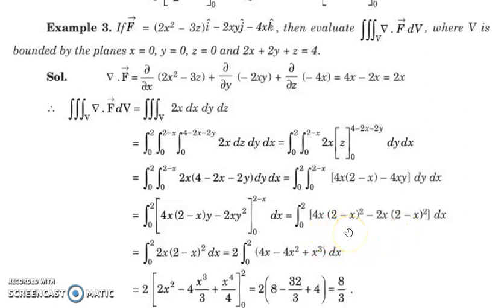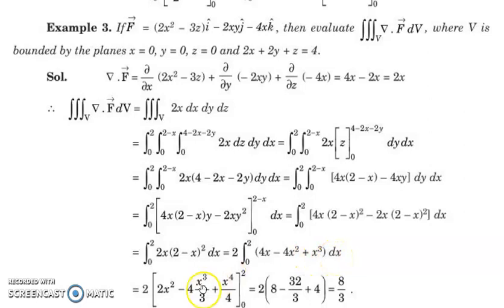You'll get 4x minus 2x, so 2x into (2 minus x) whole square. Now on expanding, you'll get 4 minus 4x plus x square multiplied with 2x. So you'll get the integral from 0 to 2 of 4x minus 4x square plus x cube, dx.